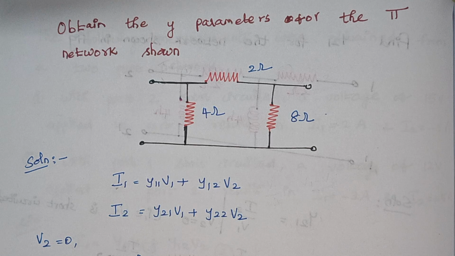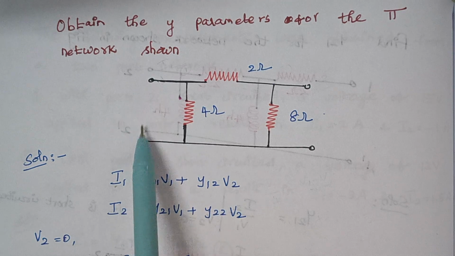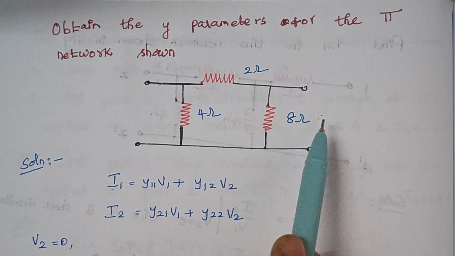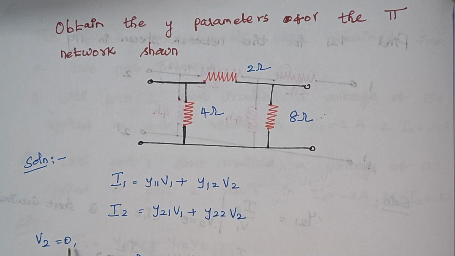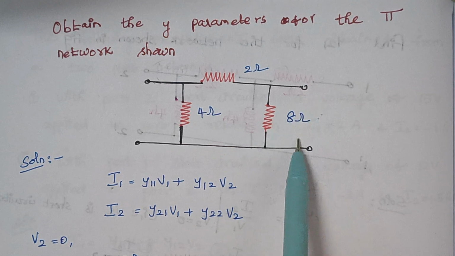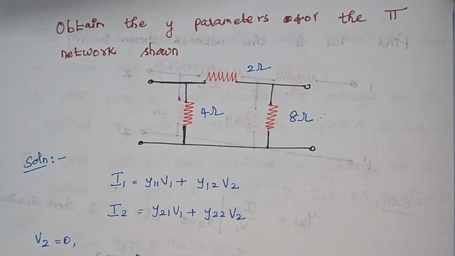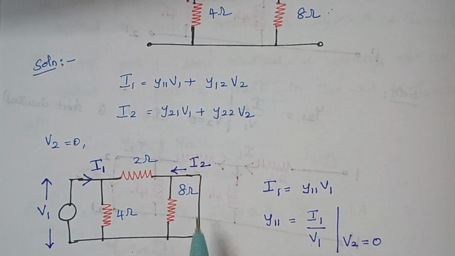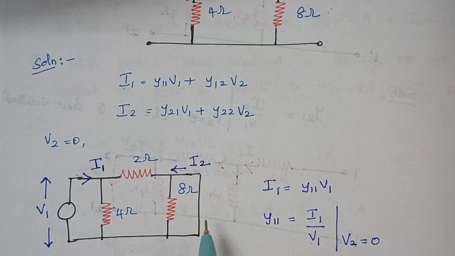Right. So first we start our solution with v2 equal to 0. v1 is the input port voltage and v2 is the output port voltage. Now we are going to make this v2 0. A voltage can be made 0 by simply short circuiting the terminals. So the output voltage is this one, V2.